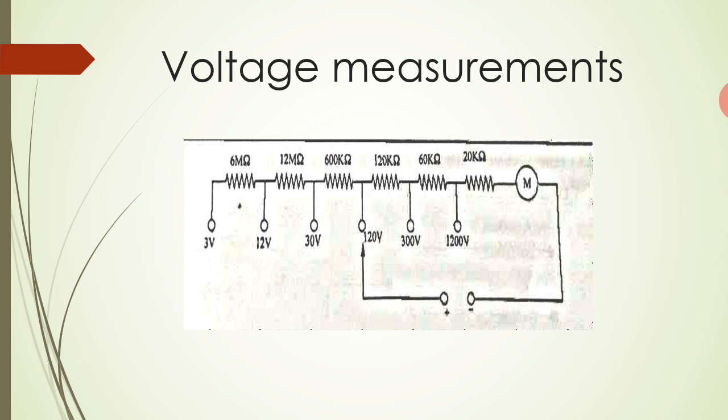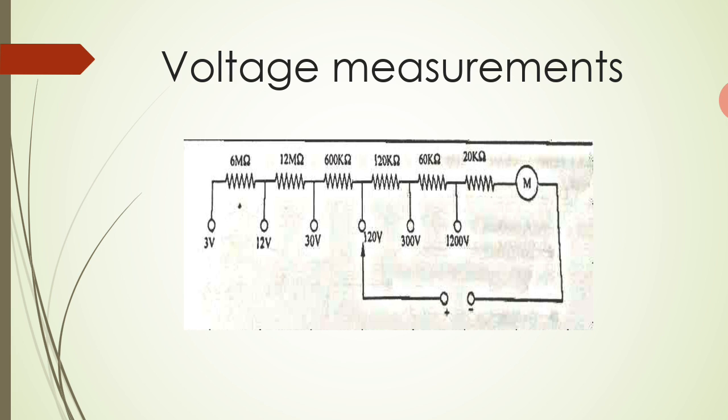The range can be set with the help of the range selector switch. An external voltage jack marked DC 5000 V is used for DC voltage measurement up to 5000 volt. The values of multiplier resistance are given in this diagram.